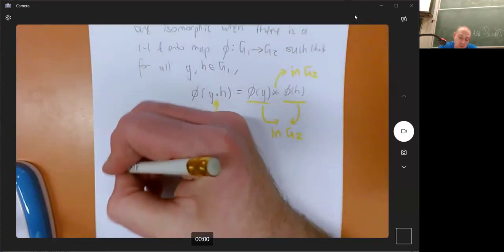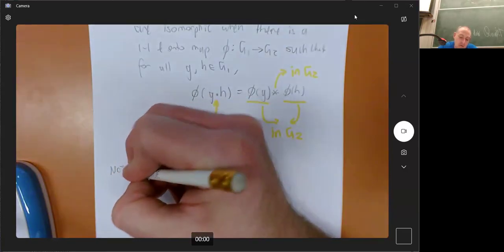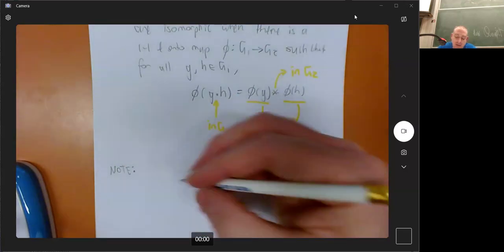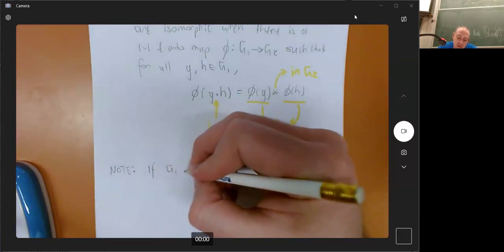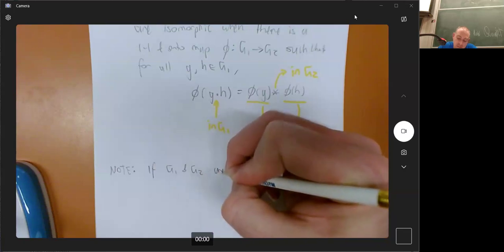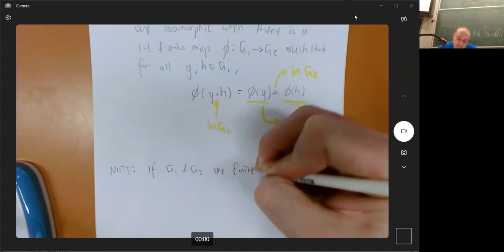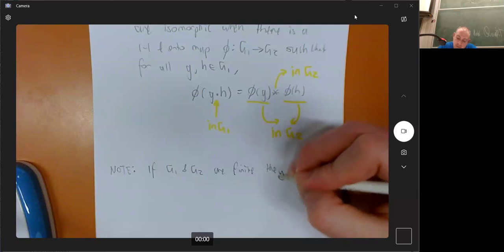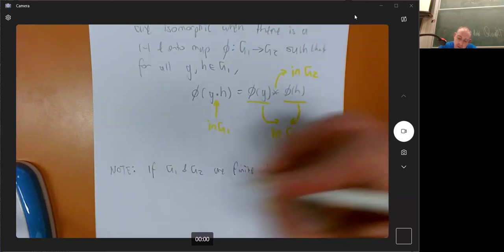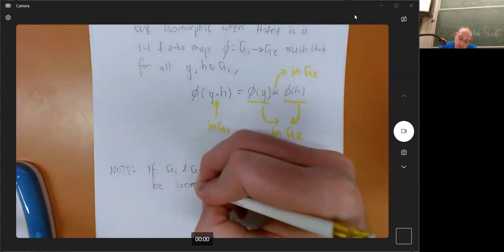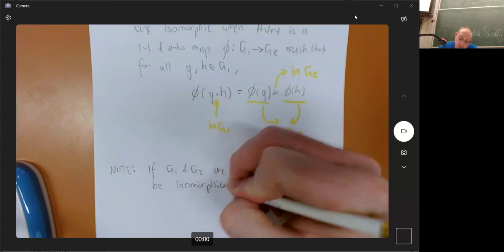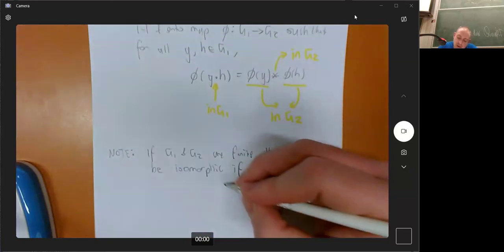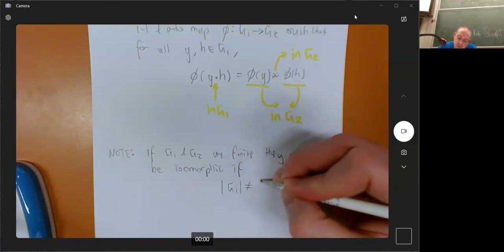So just a note. So the first thing we can get out of this is that if G1 and G2 are finite, they can't be isomorphic if the size of G1 is not the size of G2.